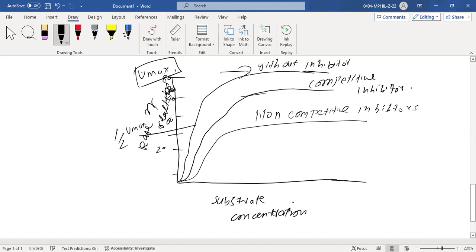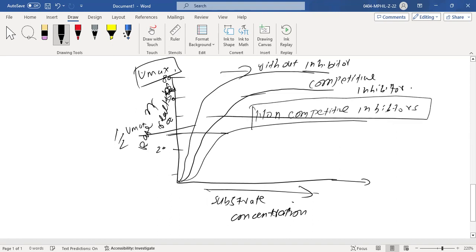Although you are increasing the substrate concentration, what's going on here? The rate of reaction is further declined. Why? Because now you have the non-competitive inhibitors. It is important to understand how these non-competitive inhibitors lower the rate of reaction, how they will affect that enzyme.